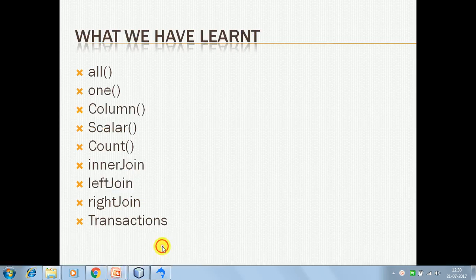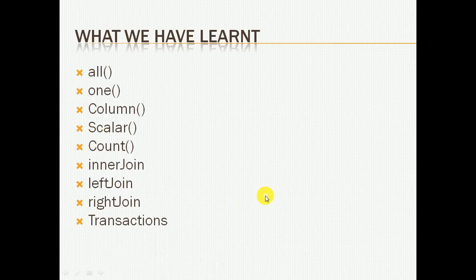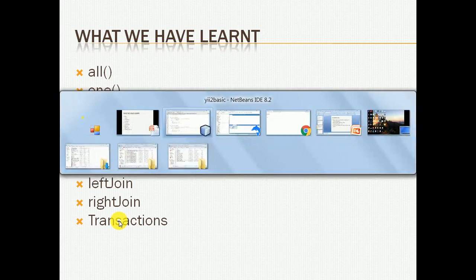Okay, so what we have learned in this tutorial, we have discussed about all function, one function, column function, scalar function, count function, the inner join, left join, and the right join functions, right? Now let's talk about the transactions, how we can use the transactions in active record.